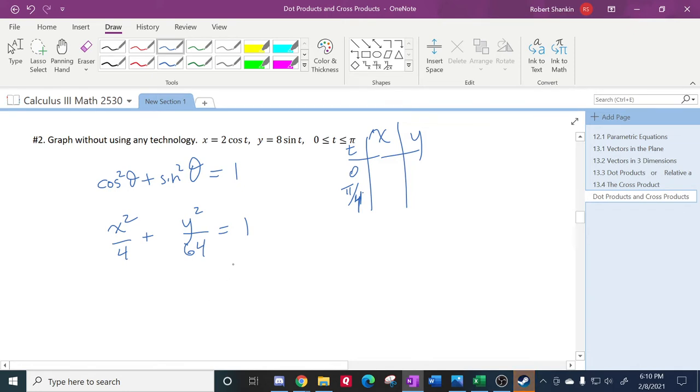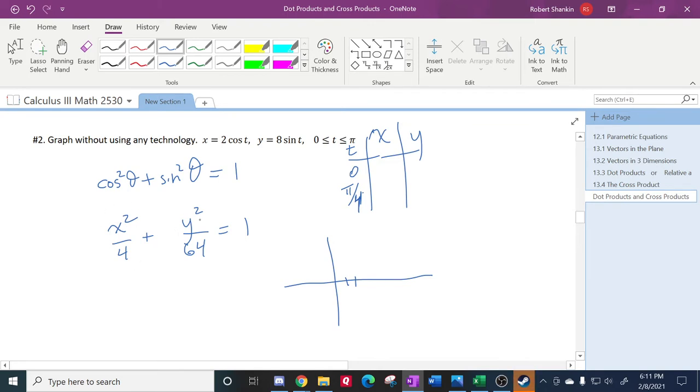If these were identical numbers, you'd have a circle. If they're not identical numbers, this is an ellipse. And if you make x 2, it's the biggest you can make the x. Because if x is like 3, you're going to get a number bigger than 1.